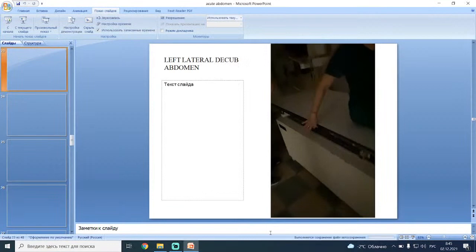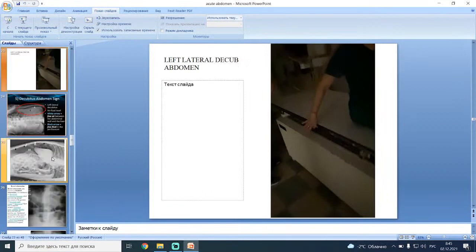Okay. Student, wait 1 minute. I try to show the methods of left lateral decubitus abdomen.